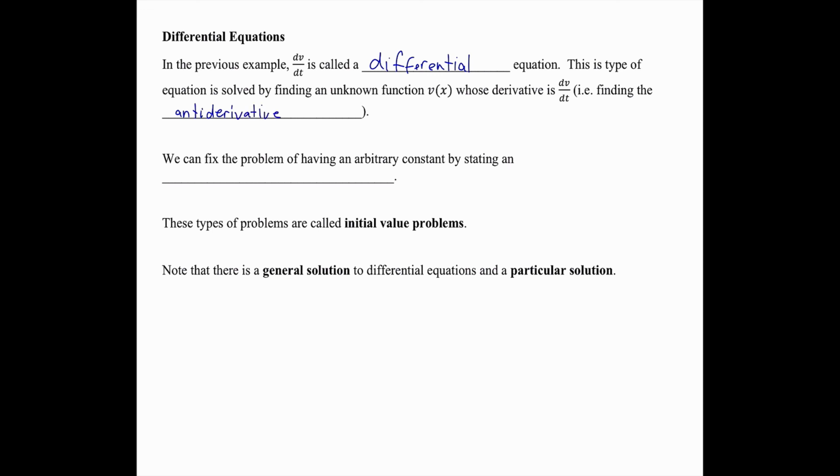So what we need to do is fix the problem of having an arbitrary constant by stating some initial values or initial conditions. Because of the initial conditions given, these types of problems are called initial value problems. Note that there is a general solution to these differential equations, and a particular solution given when we have specific initial values. There is a whole branch of mathematics devoted to finding these solutions, with many different techniques as you have more complicated functions.